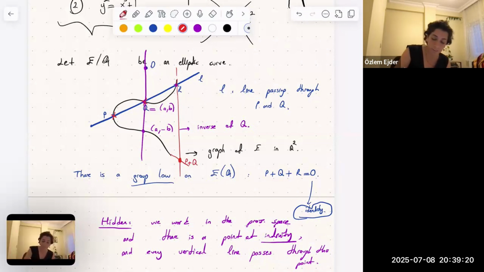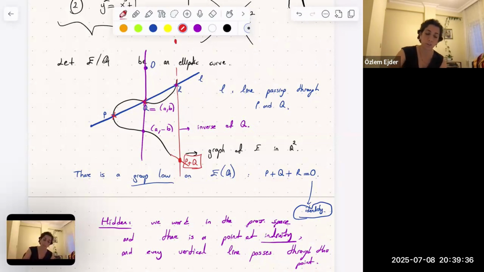When you define this, afterwards you find your identity element and also the inverse. With this definition, the identity element is the point at infinity, over here somewhere.